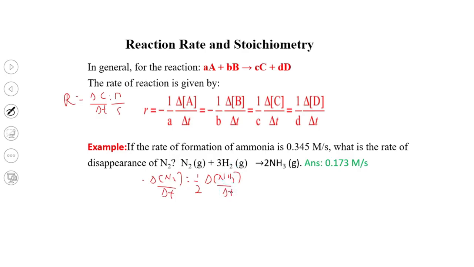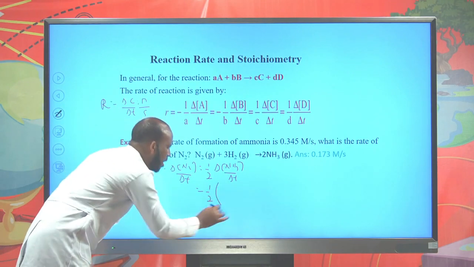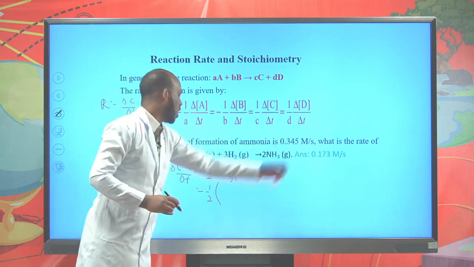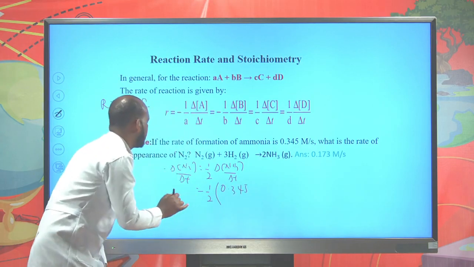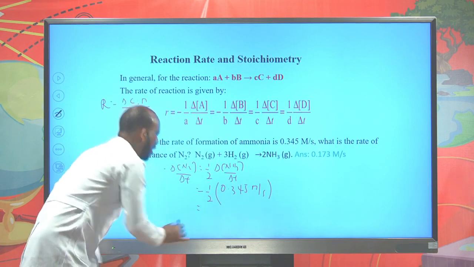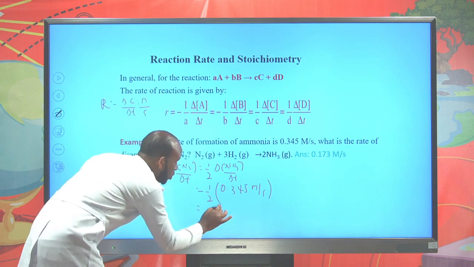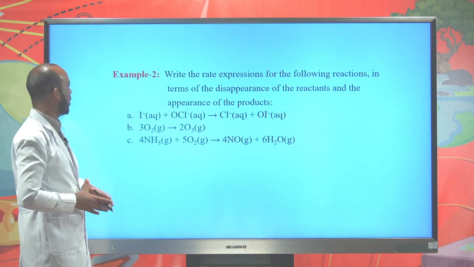Now the rate of disappearance of nitrogen equals half times the rate of appearance of ammonia, 0.345 molar per second. Half times 0.345 is 0.173 molar per second. This is the rate of disappearance of nitrogen.